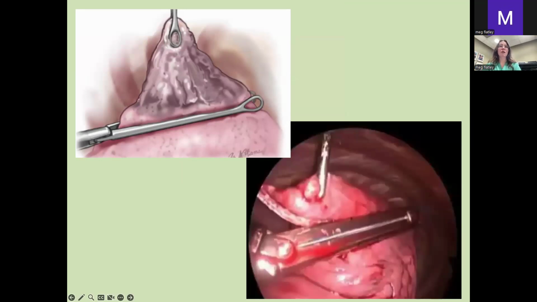So what's the operation that you do for primary spontaneous pneumothorax? You're going to do a VATS and a blebectomy. Usually you go in, you look at the lung, you can see the blebs. Where are they usually located? Apically. What if you get in and you don't see any blebs? What do you do?